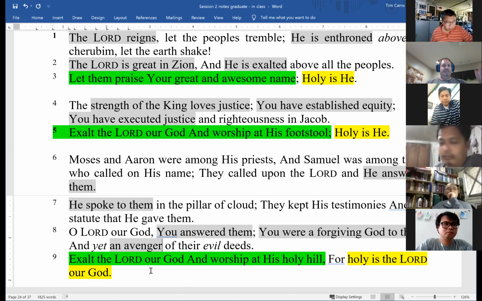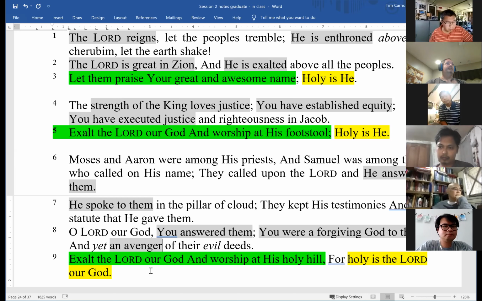Statement about God, response or command, and then "holy is he." Statement about God, verse 4, response, command in verse 5, ending in "holy is he." Statements about God in verses 6 through 8, response in verse 9, and then the end, "holy is Yahweh our God." Do you see that?